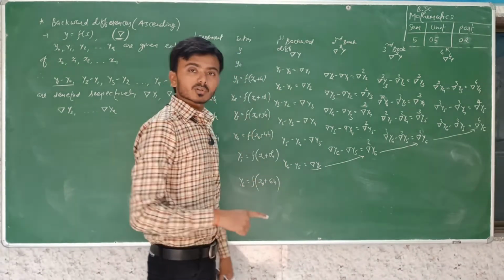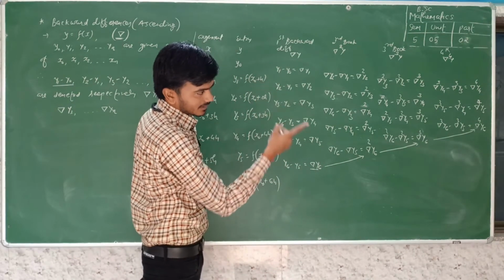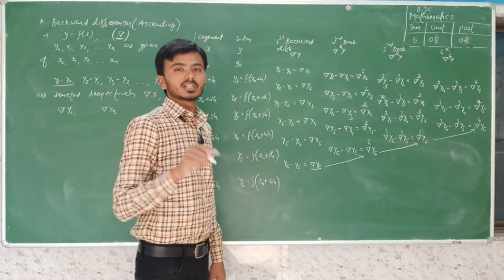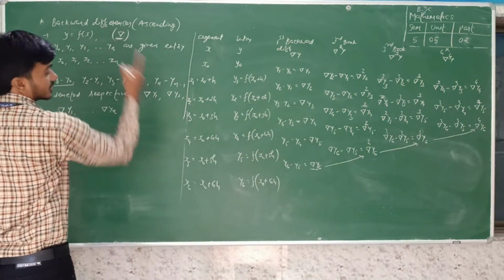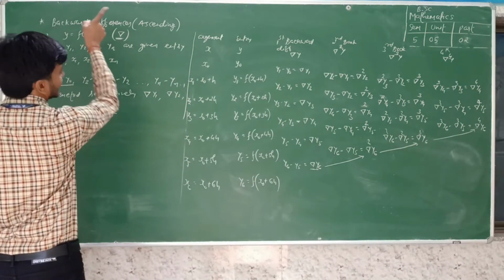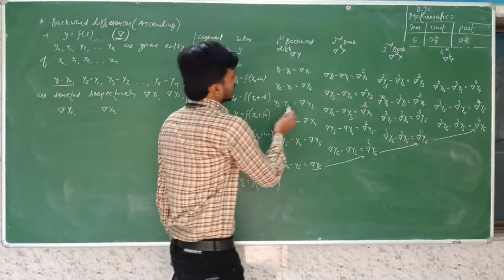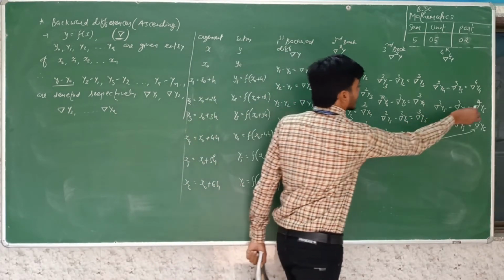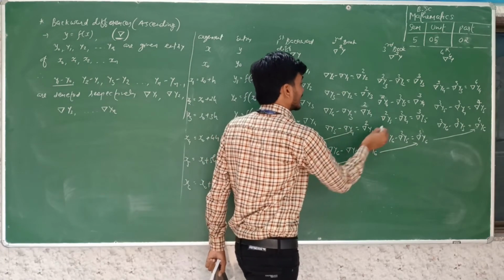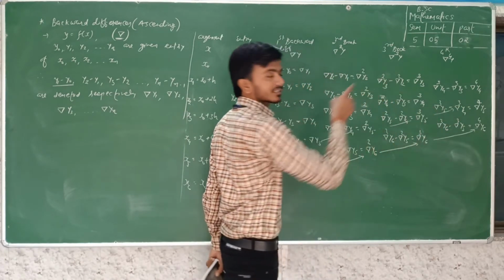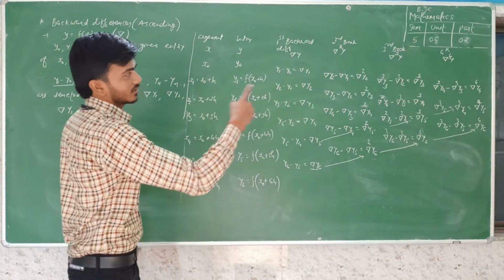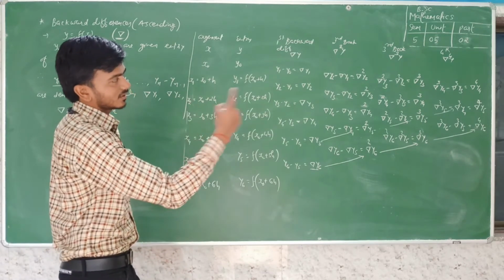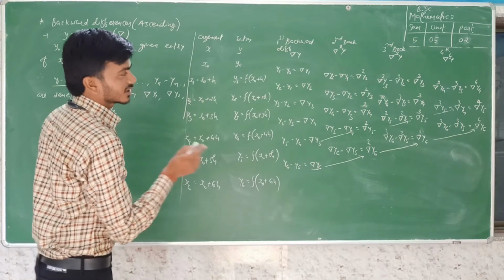In the forward differences, delta y0, delta square y0, delta cube y0, delta raised to 4 y0 are in descending order. Here backward differences are in ascending order and forward differences are in descending order. Likewise nabla y, nabla square y, nabla cube y, nabla raised to 4 y are increasing in order.